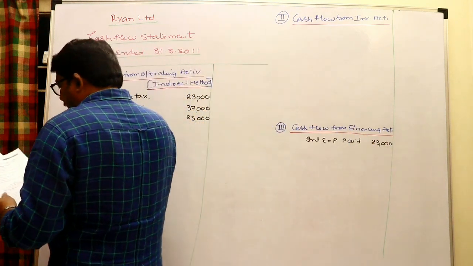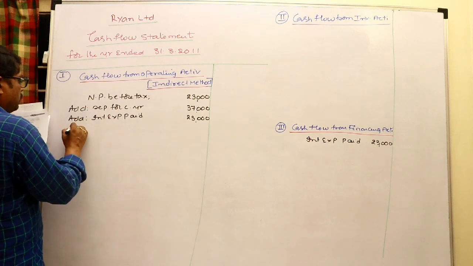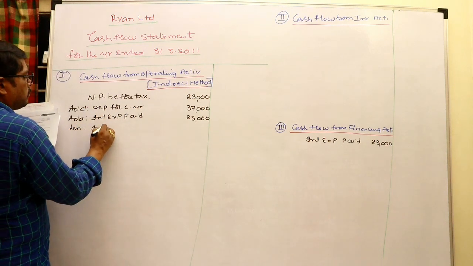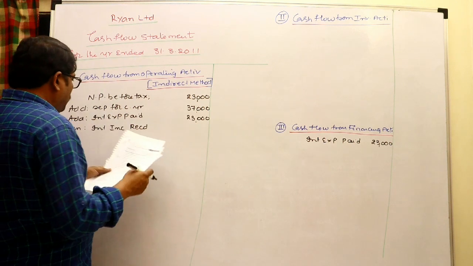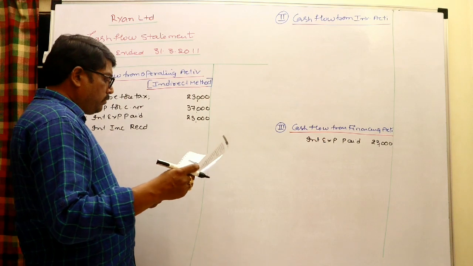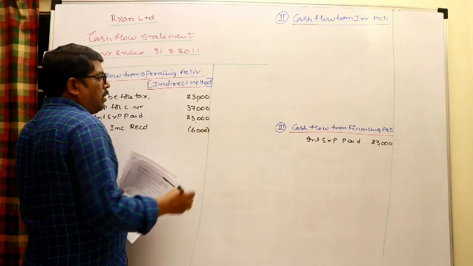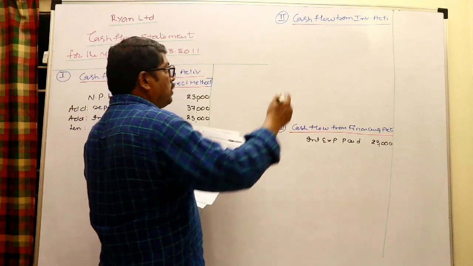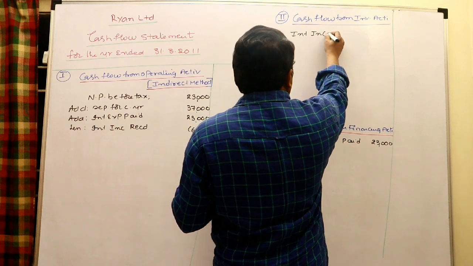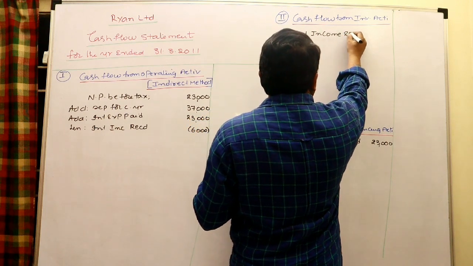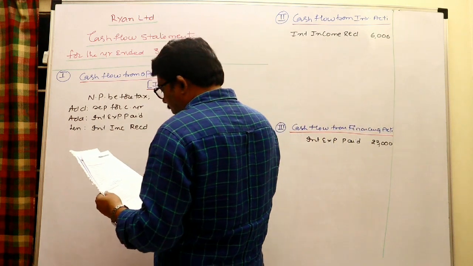Okay, next, interest income received also should be withdrawn, less interest income received to be withdrawn, that is 6,000, but it should be shown. Interest income received is an investing activity.